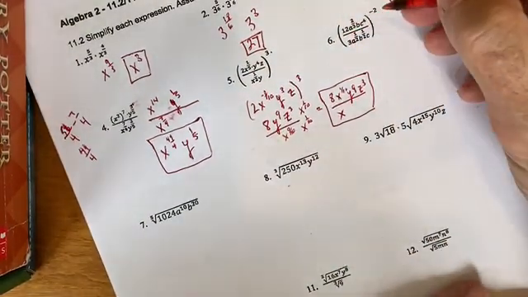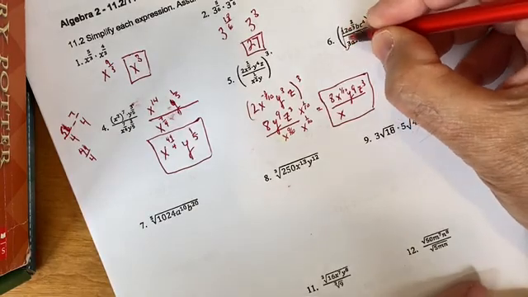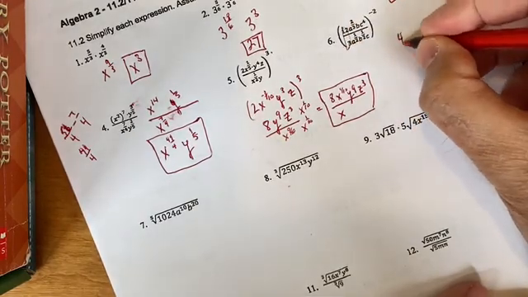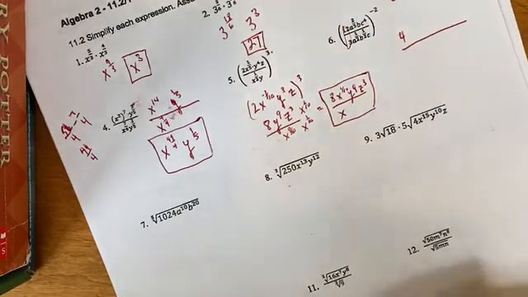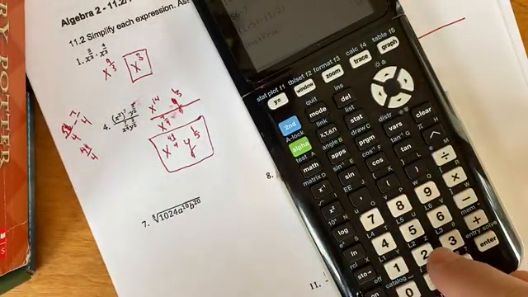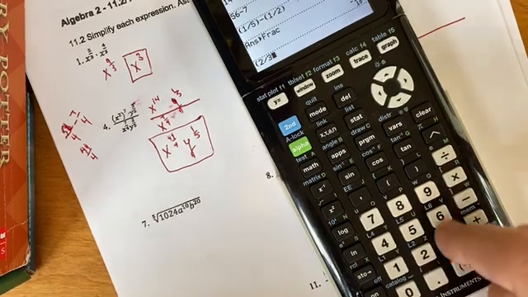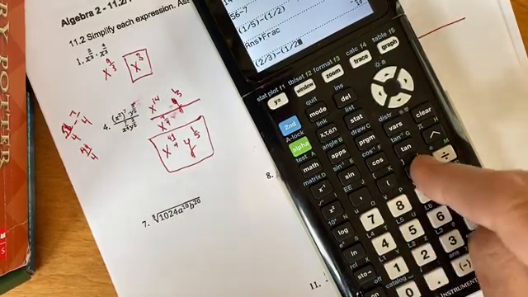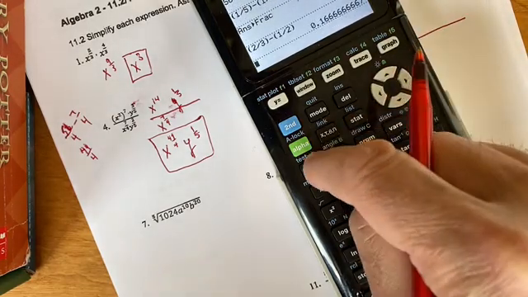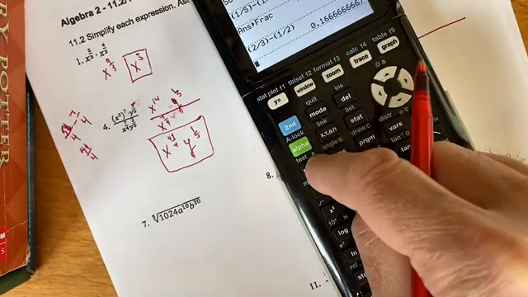I'm going to do the same thing with this one. Actually, the 12 and the 3 reduced to the number 4, so I'm just going to write that on the top. 2/3 minus 1/2 is 1/6.